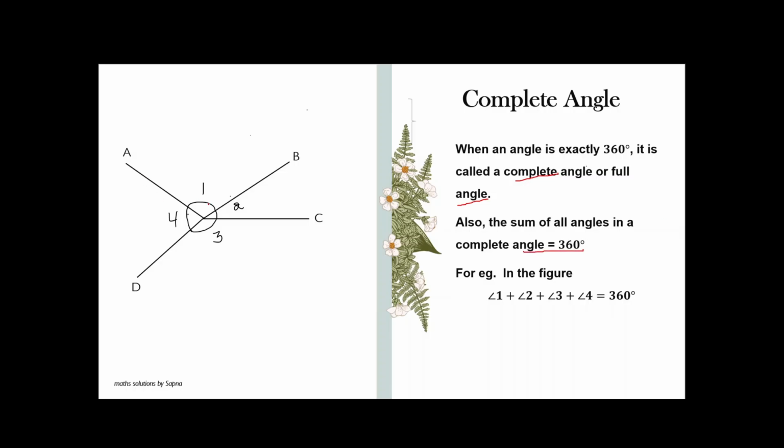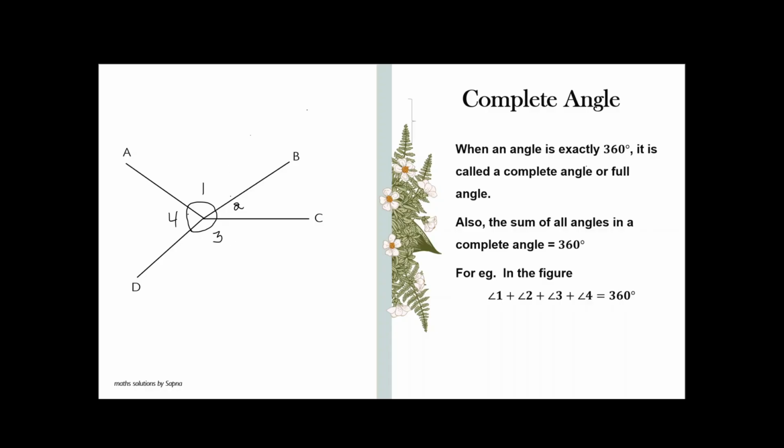Why is it so? Because if you look at it, 1, 2, 3, 4, half of the semicircle was up till here. Then from here, one more semicircle. We know that one semicircle is 180. Again, this semicircle, 180 plus 180 is 360. That's why the value of a complete angle is always 360 degrees. So it doesn't matter how many angles are included in the diagram.